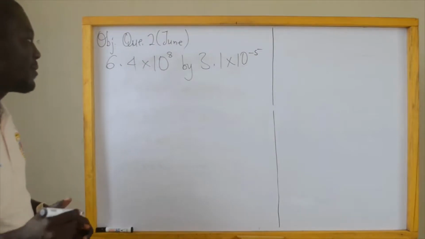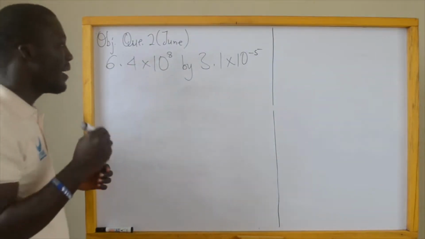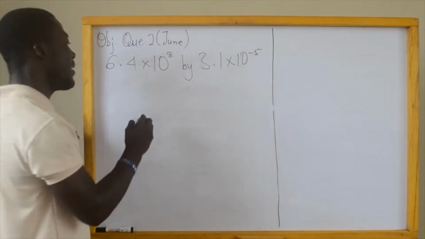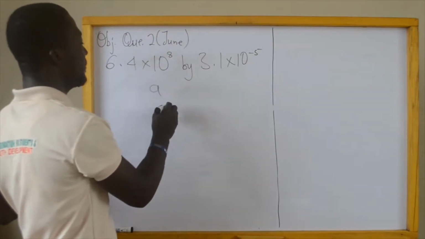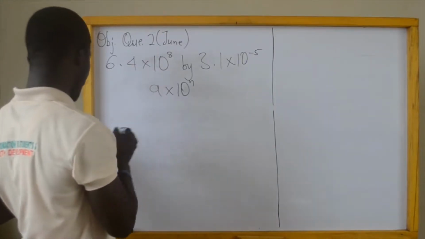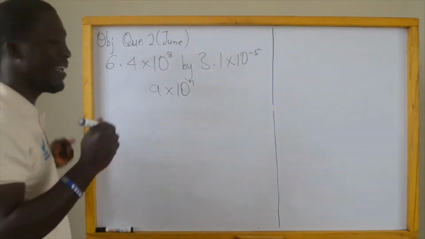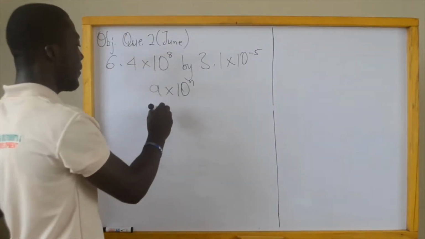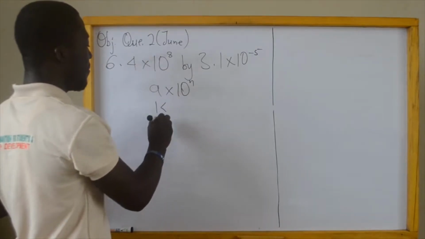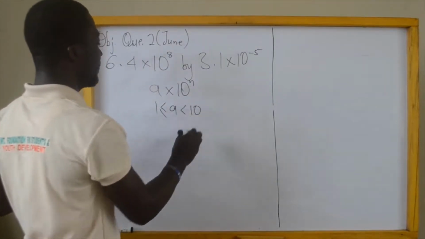A number expressed in standard form is generally written as a times 10 raised to the power n, where the value of a is within the interval 1 less than or equal to a less than 10.